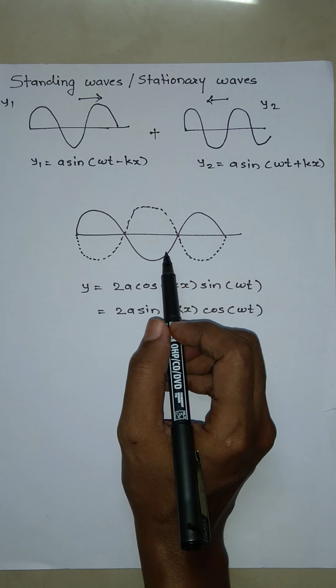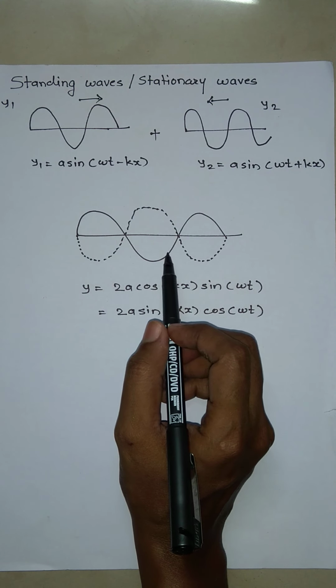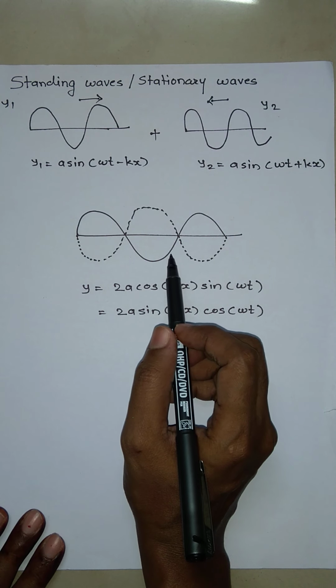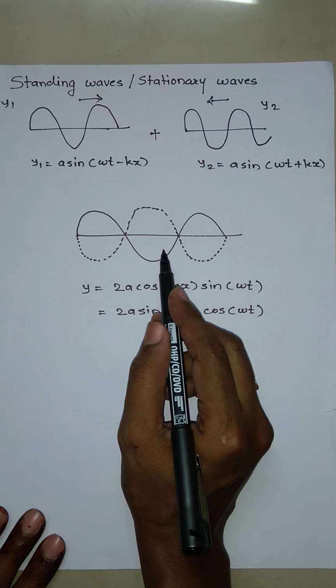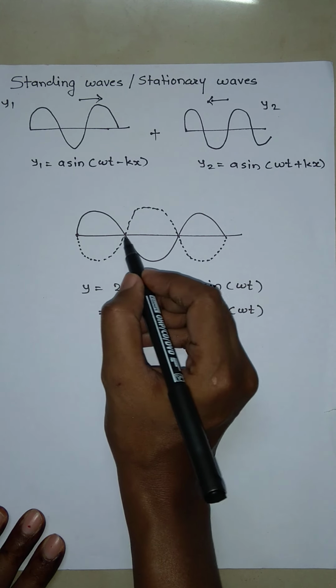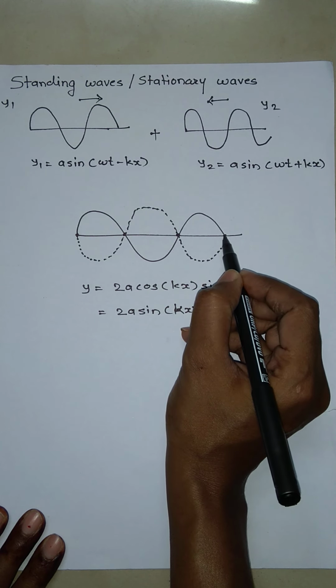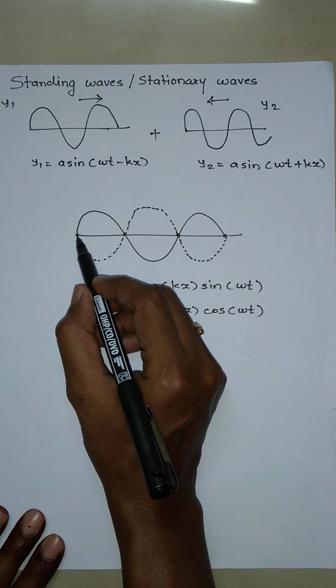We have seen that this standing wave is different from the usual progressive wave in many senses. In standing waves, instead of crests and troughs, compressions and rarefactions, what we are getting are loops.